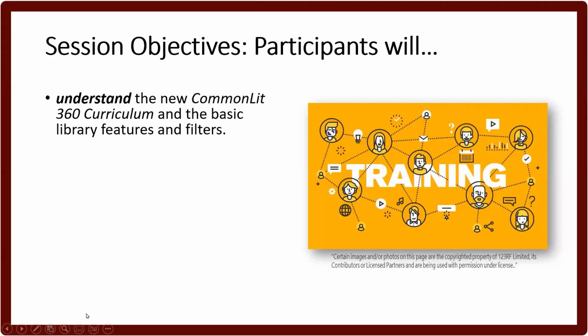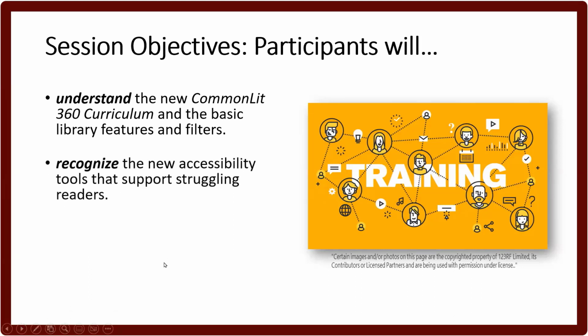We have some objectives today. The first thing we're going to do is understand the new CommonLit 360 curriculum. That's what Carol's going to talk about. And then I'm going to start us out by talking about the basic library features and filters. Then we're going to recognize the new accessibility tools that support struggling readers. Since Carol and I both have a background in special education, this really rocked our world.